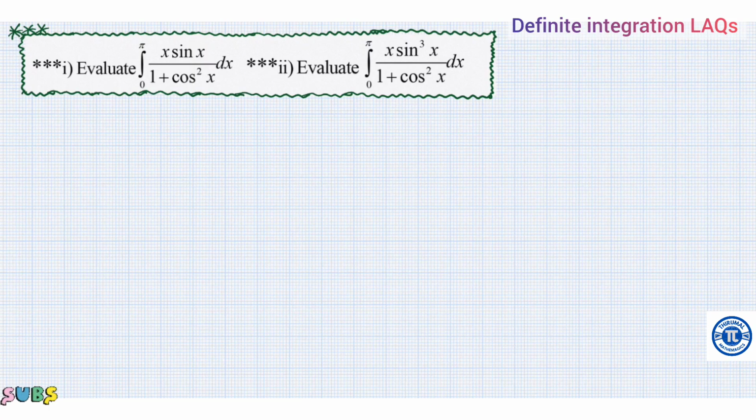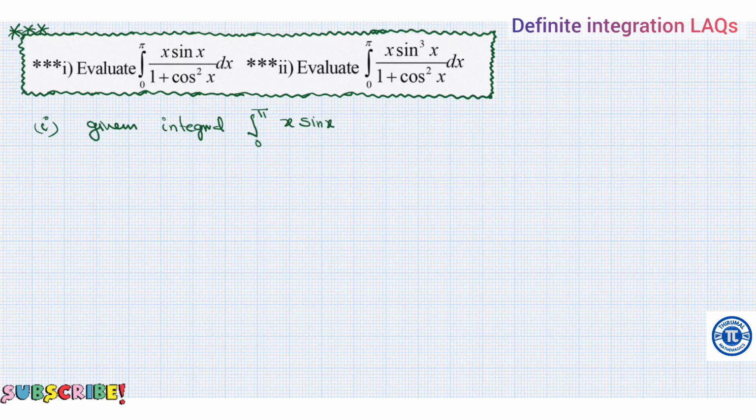Okay, now first, the given integral is the integral from 0 to pi of x into sin x by 1 plus cos square x dx.